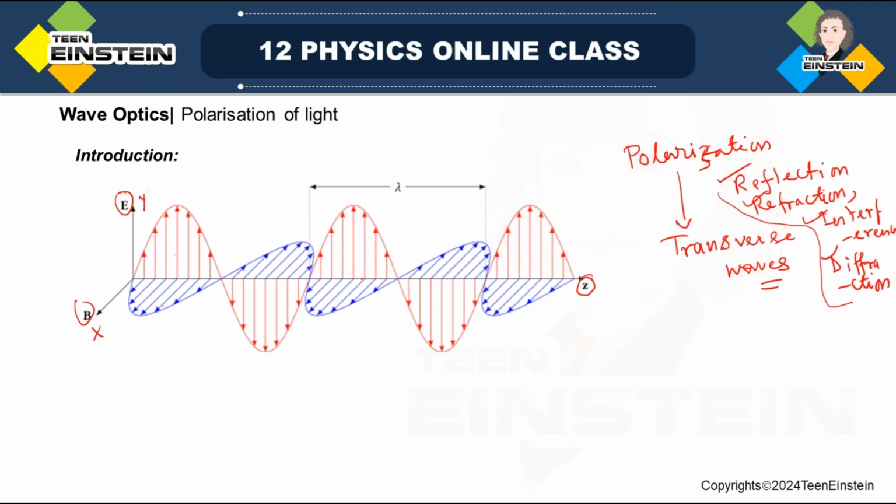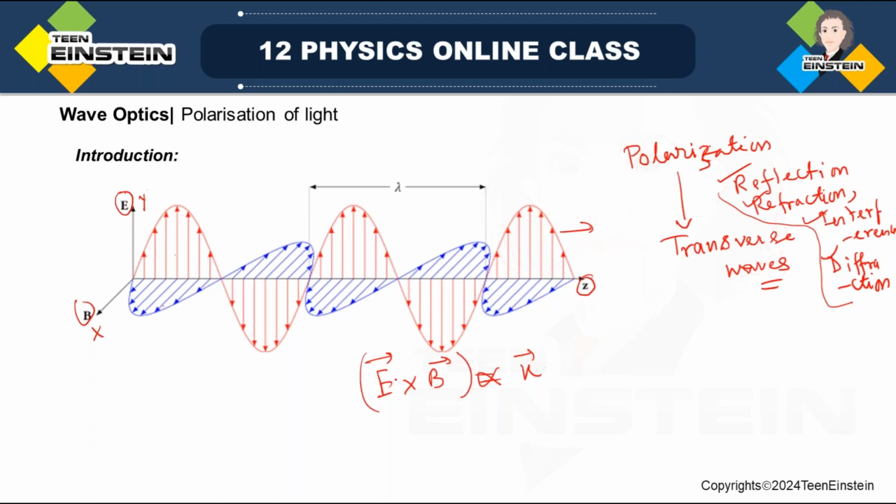Here the wave is progressing in the z direction. E cross B gives k, the direction of the propagation vector.